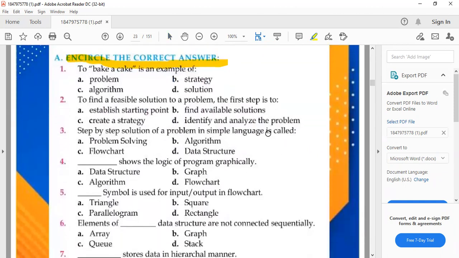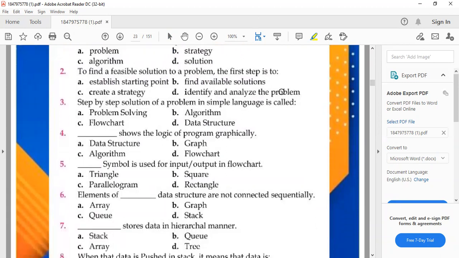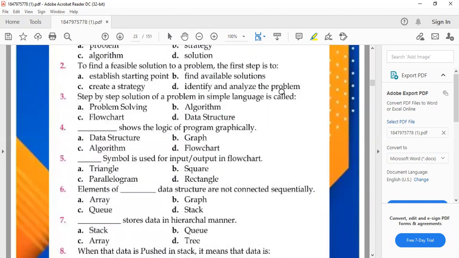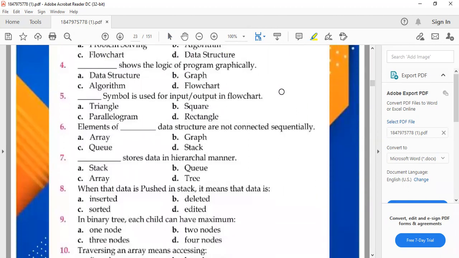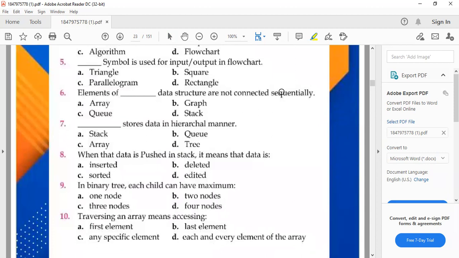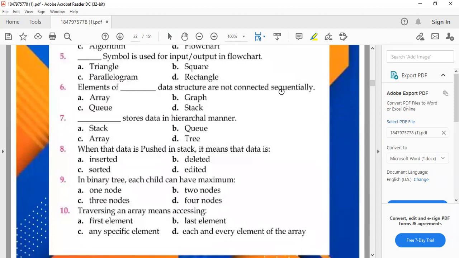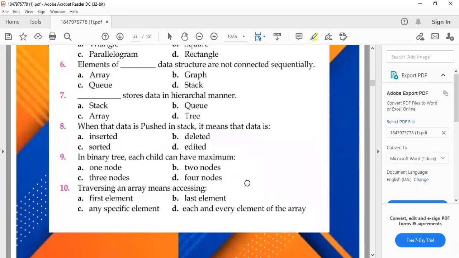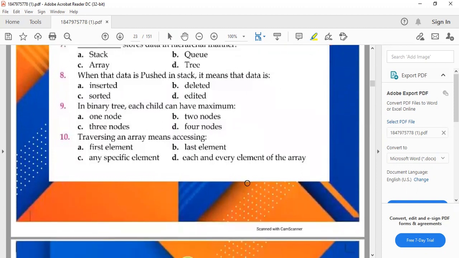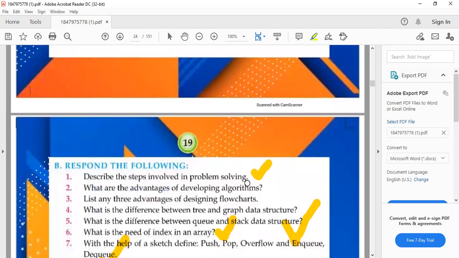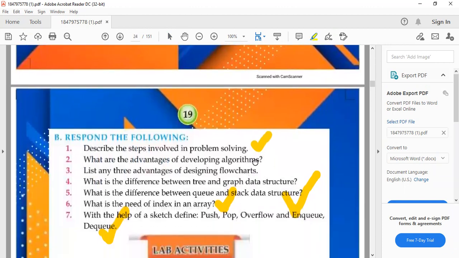You need to encircle the correct answers, and I don't think it's difficult, since we have covered the whole thing. You have to complete this whole thing, and if there's any query in completing, you can ask me any question. This question I've already given you, and I'm taking it again.